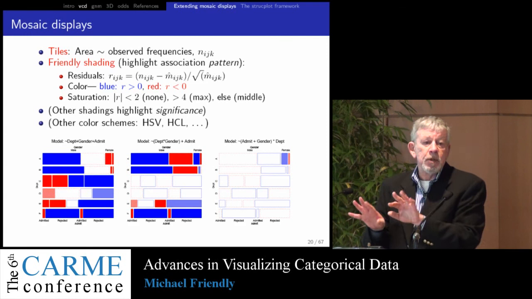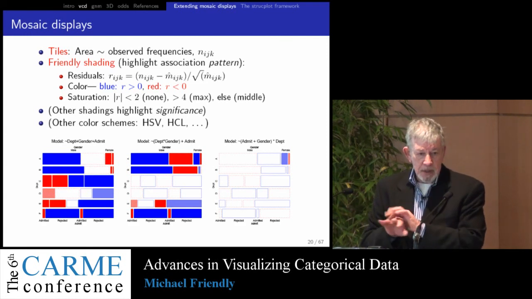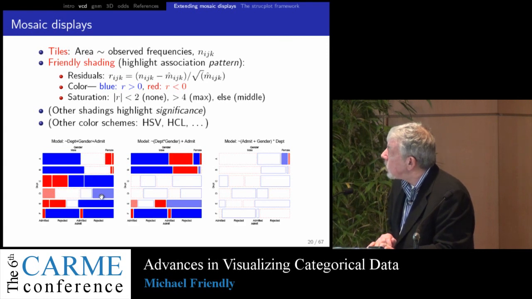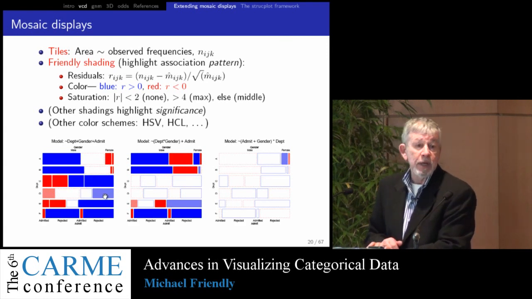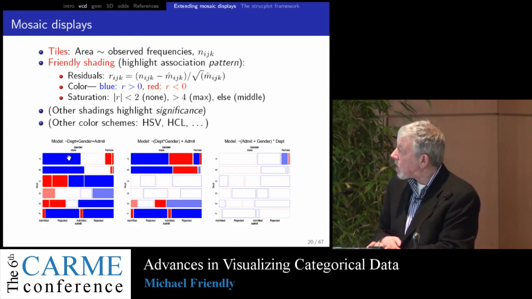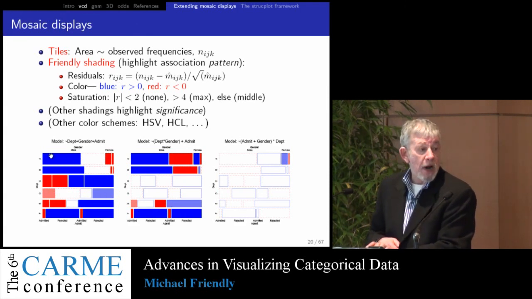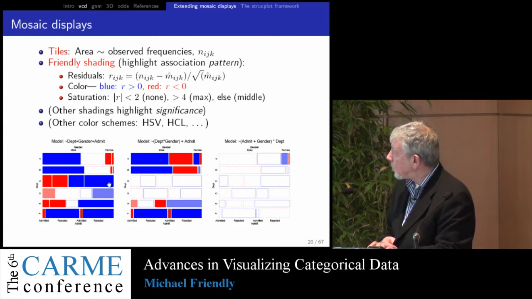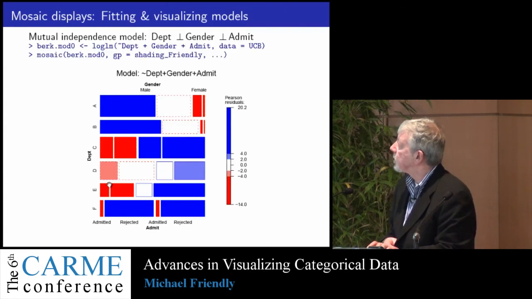And I use a simple 3-step shading scheme. So light blue represents residuals between +2 and +4. Dark red or blue represents residuals greater than 4. White, residuals less than 2. Other shading schemes have other properties that I won't have time to talk about today.